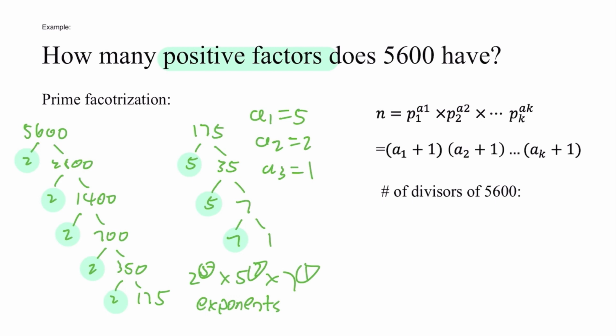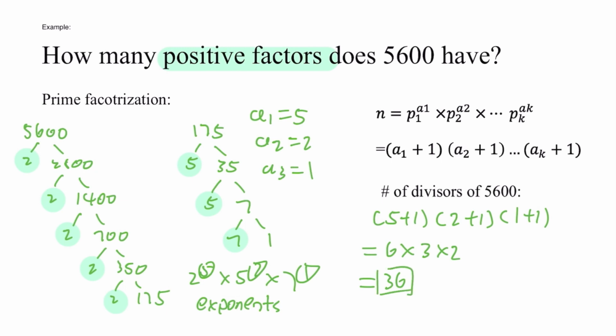So put it into the formula, and that is 5 plus 1 times 2 plus 1 times 1 plus 1, 6 times 3 times 2. And that gives us 36 as the final answer of this problem.